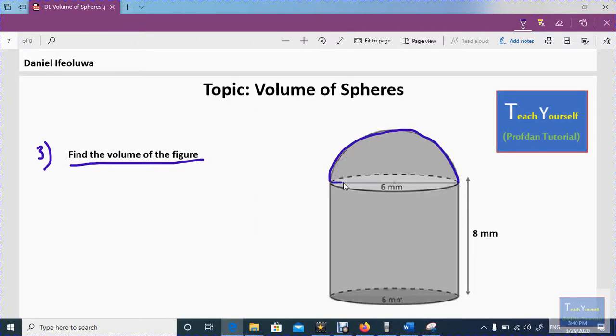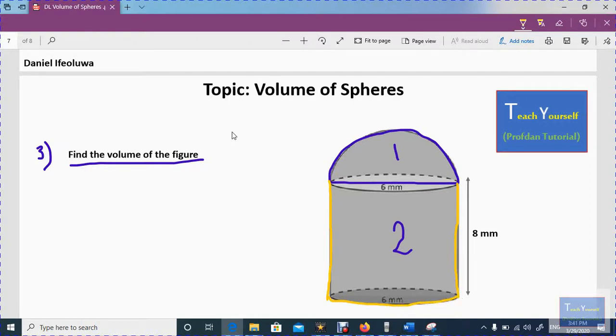Let's call this part 1. And we have the part 2, which is this. And of course, this is a cylinder. Check out the video on how to find the volume of a cylinder.